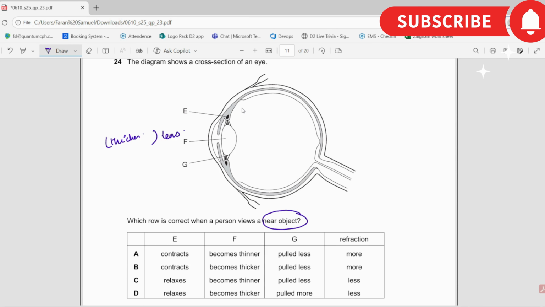Ligaments contract. So which would be the answer? B. So this is more refraction, the contraction of muscle, and it becomes thicker, and they slacken. The G.